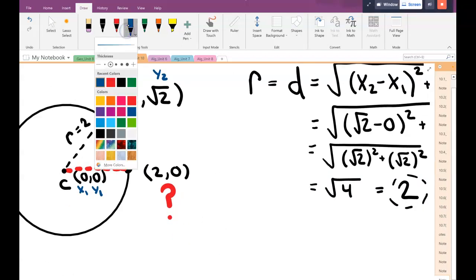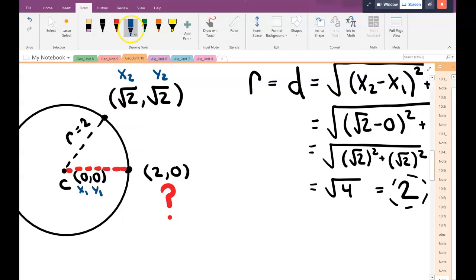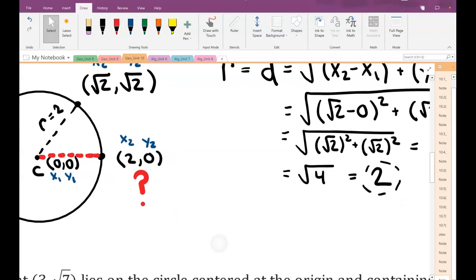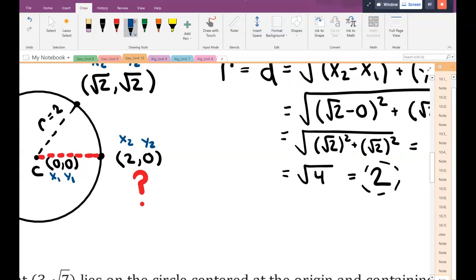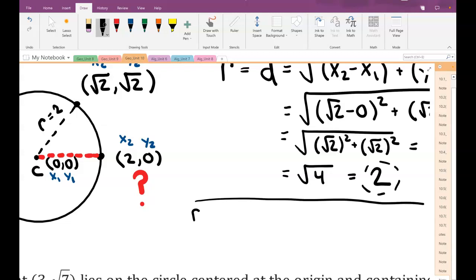So doing this again, we could use these as another point. This could be our new x2 and our new y2, and we do the distance formula again. I'll draw a dividing line so we know we're doing it 2 different times. Our distance now is equal to, I'm not going to write the whole thing out, I'm just going to plug things in right away.